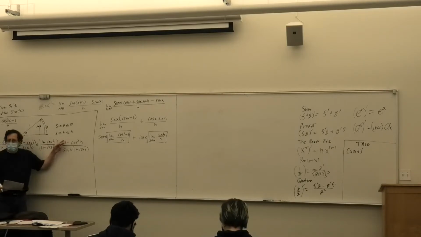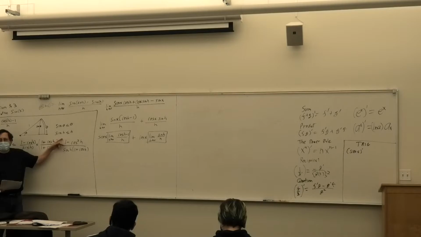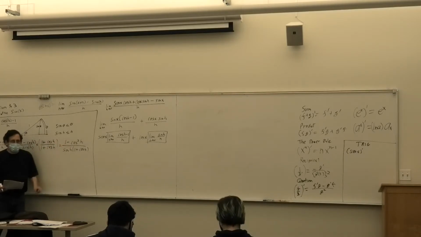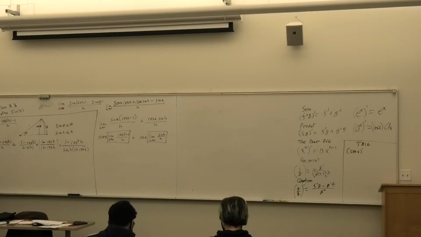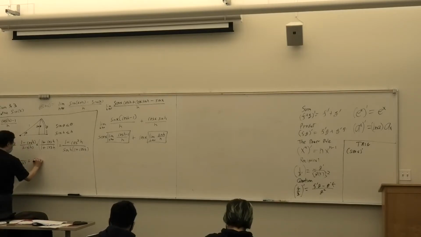And who can tell me the obvious simplification of 1 minus cosine squared h? Sine squared h. Sine squared h, that's right. It's the Pythagorean identity, sine squared plus cosine squared equals 1. All right, so we have sine squared h over sine h times 1 plus cosine of h. And for h not 0, this is just sine h over 1 plus cosine of h.